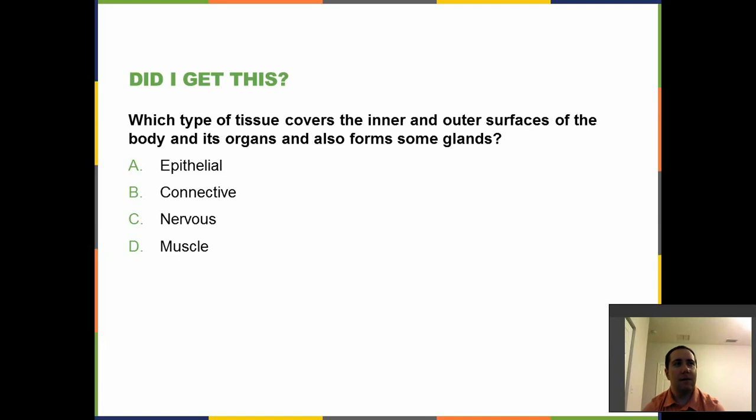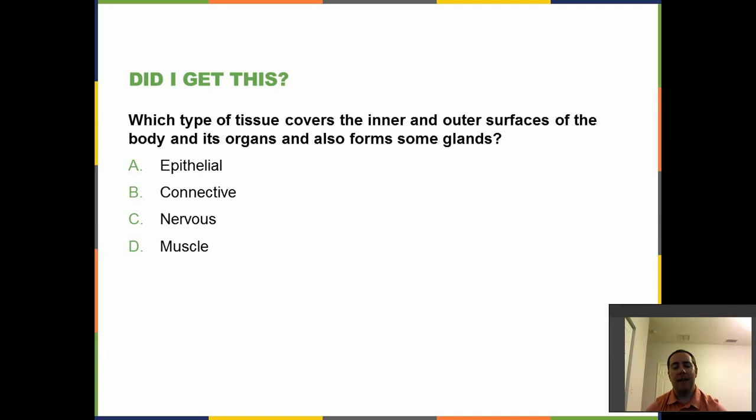There's like a fiber one. Fibrocartilage. So hyaline, elastic, and fibro. Which one is the most flexible? Elastic. Which one is the least flexible? Fibro. So hyaline is in the middle.